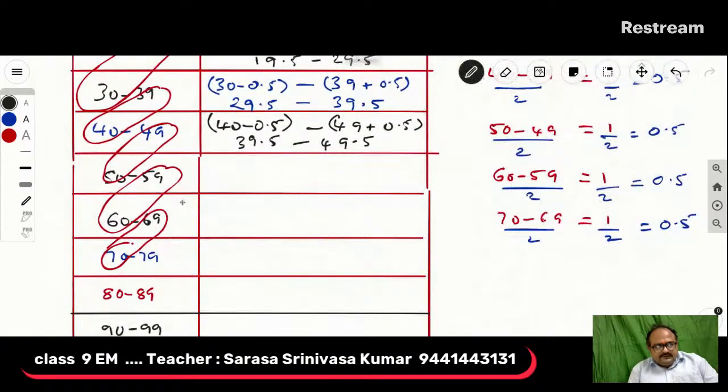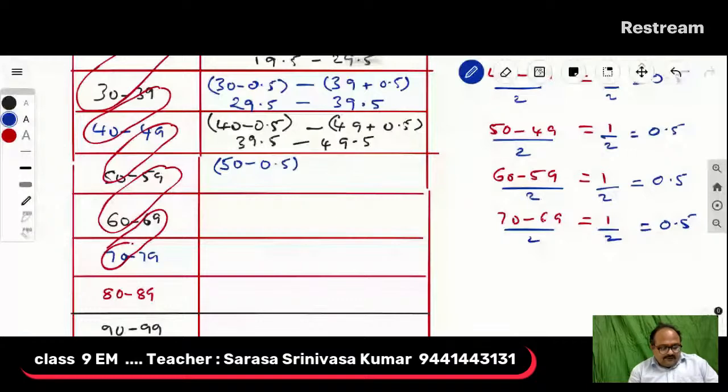So next 50 minus 0.5. So that is we are subtracting half of the difference from the lower limit, and we are adding 0.5 to the upper limit.